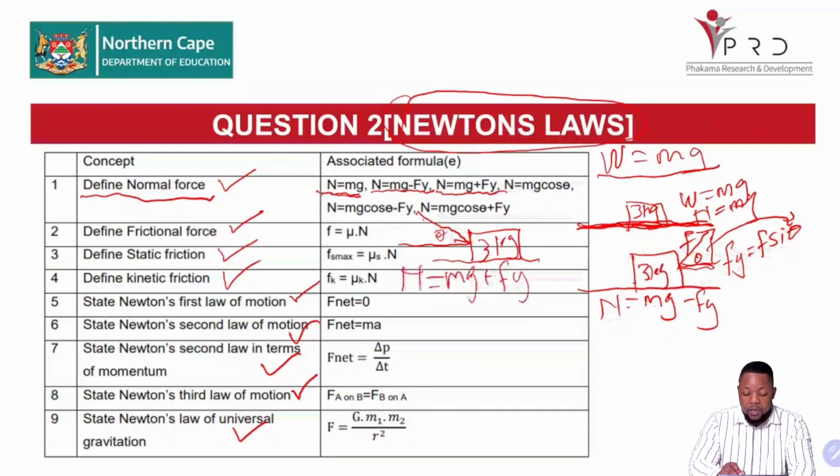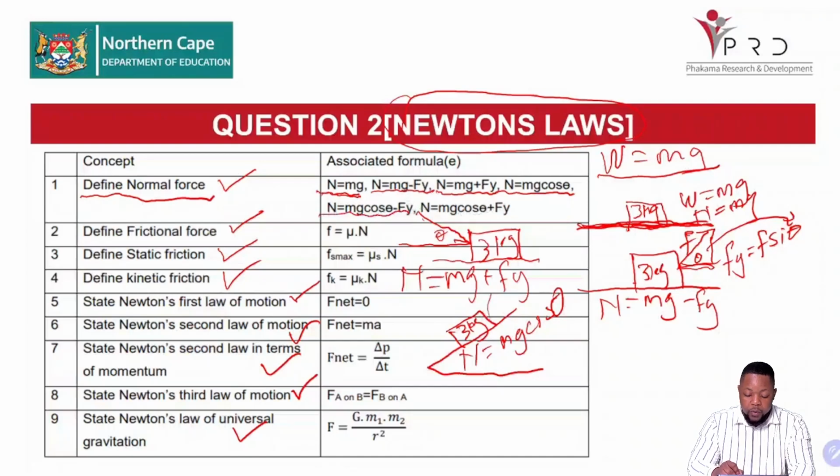Then we'll also have a scenario where normal force is calculated as mg cos theta. When is it calculated as mg cos theta? That will occur if our object is now placed on an inclined surface. And then if we are looking for the normal force here, we are going to say normal force is equals to mg cos theta. Now, we also have mg cos theta minus Fy.